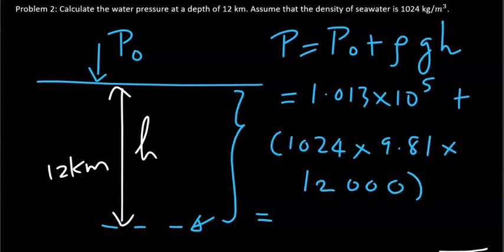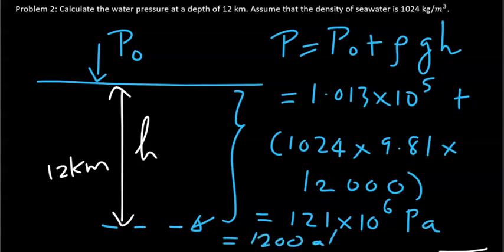When you do the sum, you will get the following for the total pressure at that depth: 121 times 10 to the power 6 pascals, which is equivalent to 1,280 ATM. So you can take this answer and divide that by the atmospheric pressure to get this answer. What that shows you is the pressure here is 1,200 times bigger than the pressure there.